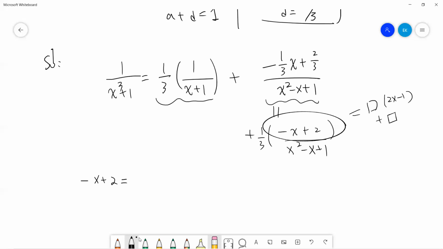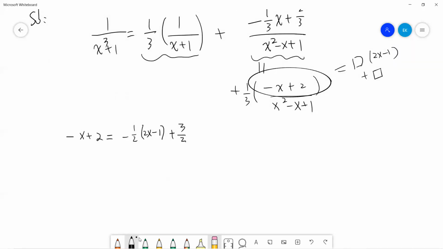So I can write it as negative a half times 2x minus 1, plus 3 divided by 2. Okay.